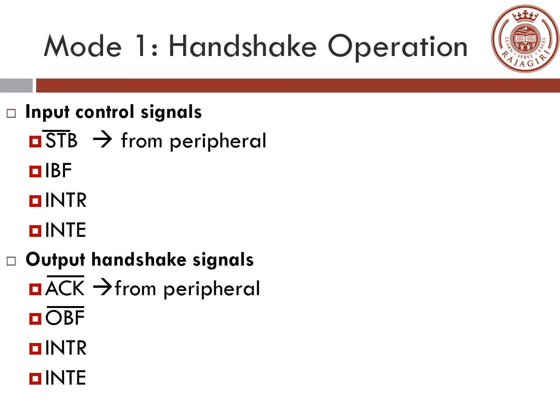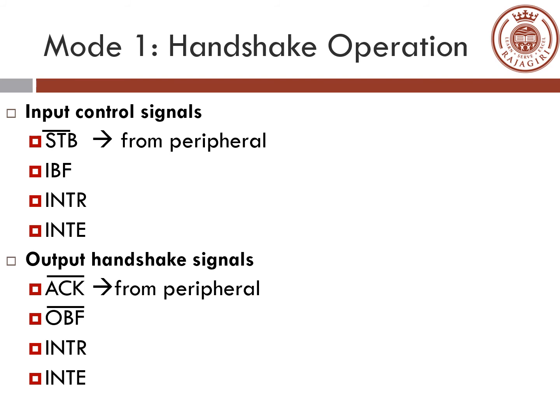That is STB bar, IBF, and INTR. INTE is an internal flip-flop which is used to enable or disable the generation of the INTR signal. So there are two INTE bits, INTE for port A and INTE for port B, and they can be set and reset using the BSR mode.